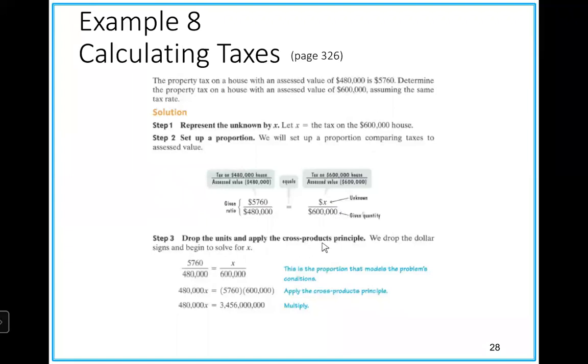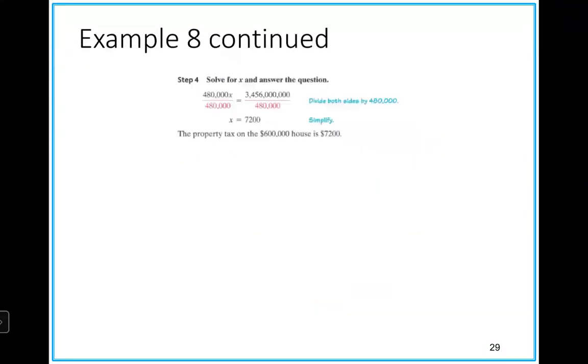They say you could drop the units and just do your cross multiplication. So you multiply 480,000 times x is equal to 5,760 times 600,000. That is 3,456,000,000 when we do the multiplication. To find x, we divide 3,456,000,000 by 480,000, and once you do that, x is equal to 7,200.